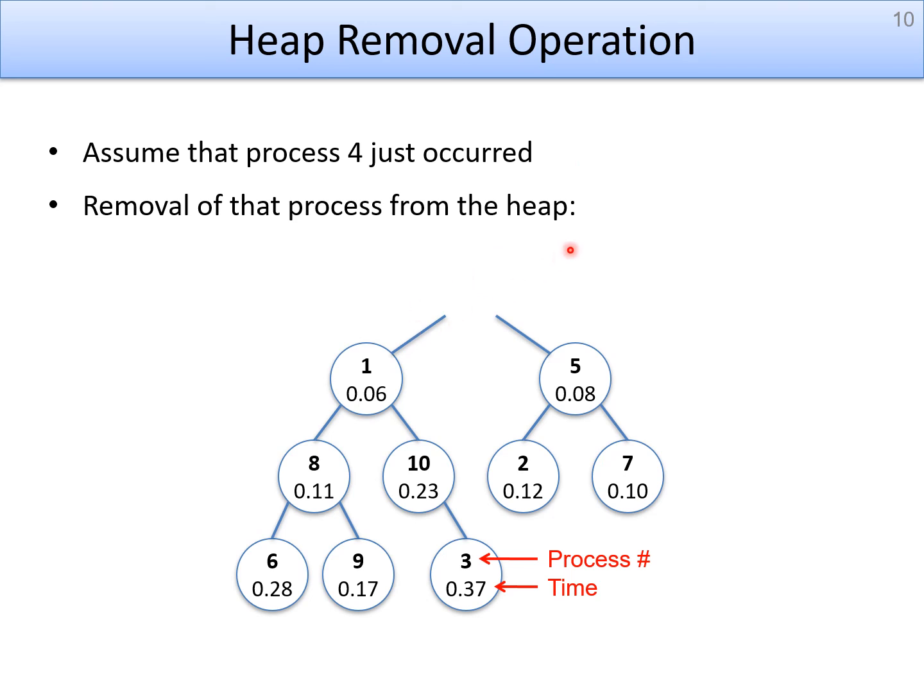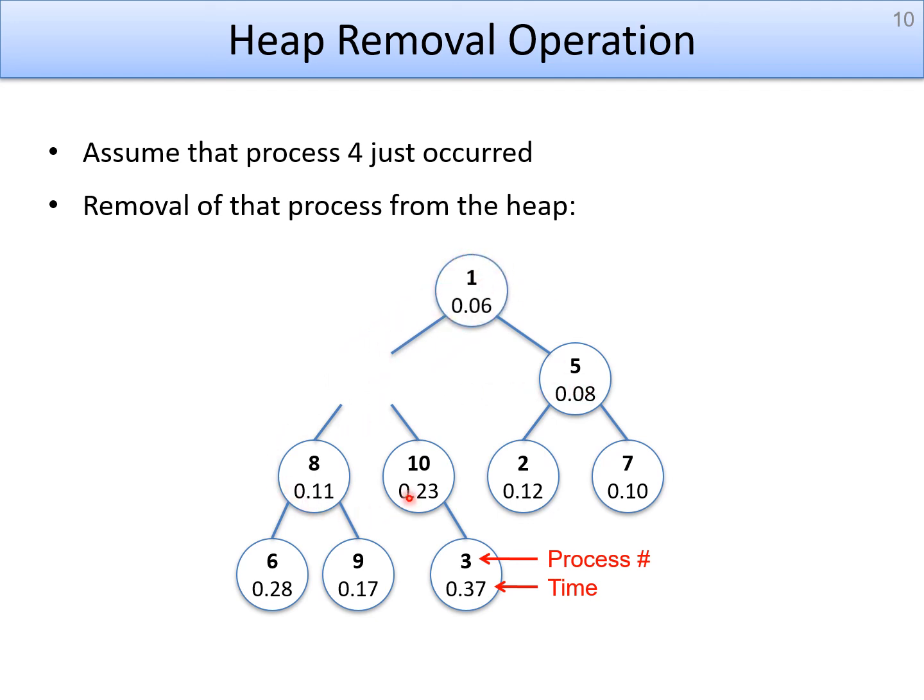So this is now removed, and we have to fill in the hole that remains. So we have to choose one of the two children to take the place of the fourth process that was just removed. So obviously out of these two, this is the one that has higher priority because it has the smaller time between the two, right? 0.06, smaller than 0.08. So this is promoted now.